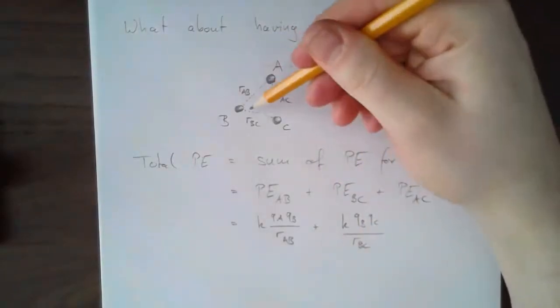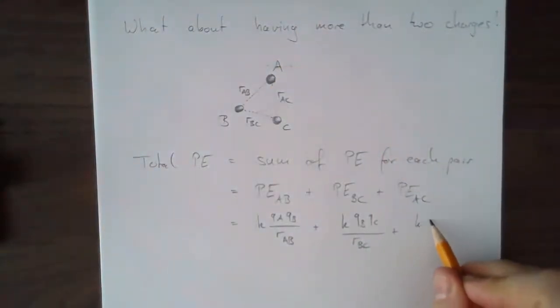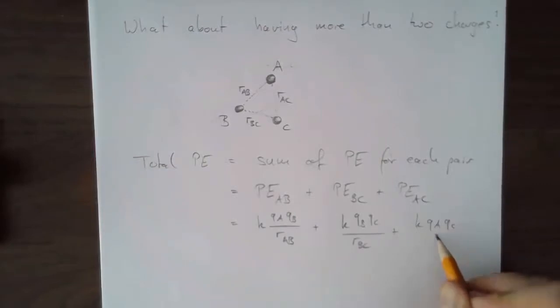This is this interaction here that doesn't care about A. And the last one, K QA QC over RAC.